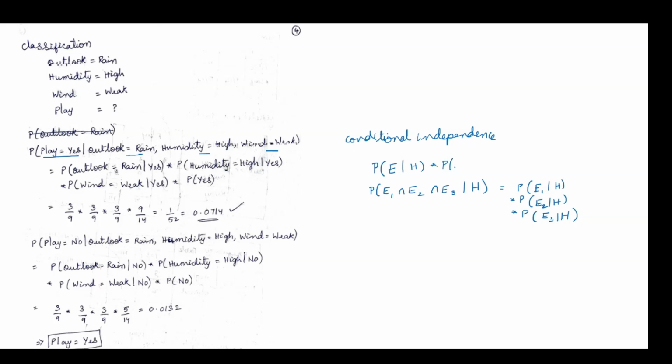Of course, we need to finally multiply the result with the prior probability.